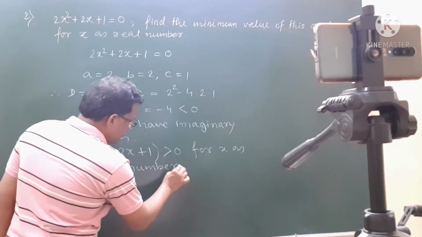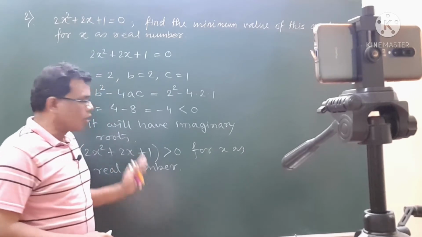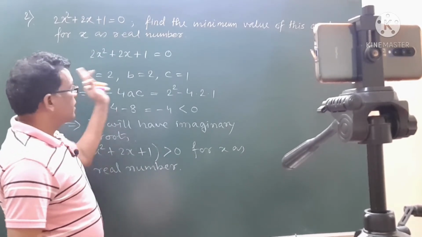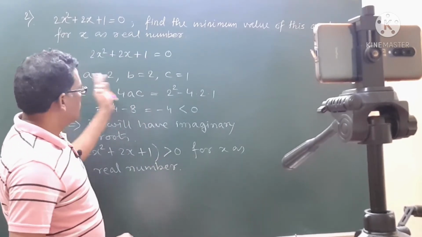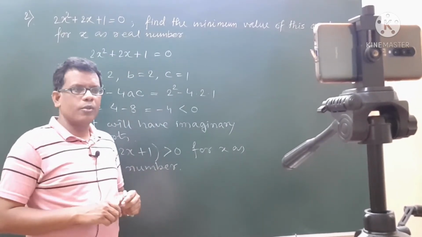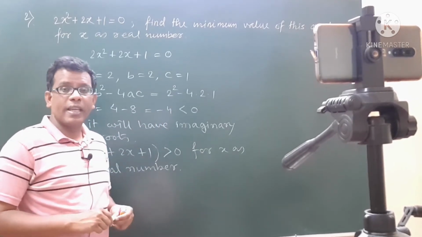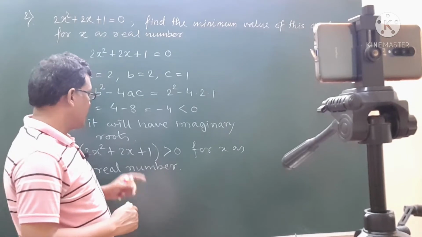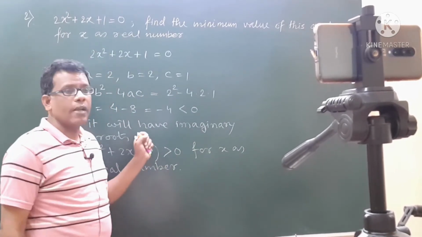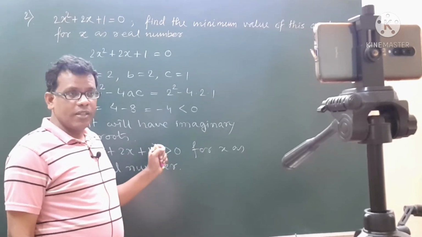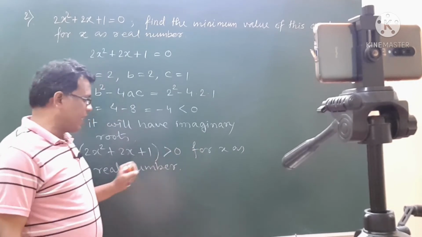When we substitute x as a real number, because we have already checked whether this quadratic can have real roots by observing the discriminant value, and the discriminant is coming negative, that means this quadratic is definitely having imaginary solutions. So that's why this will be a positive quantity against real x.